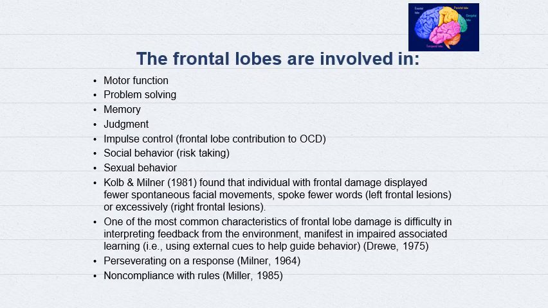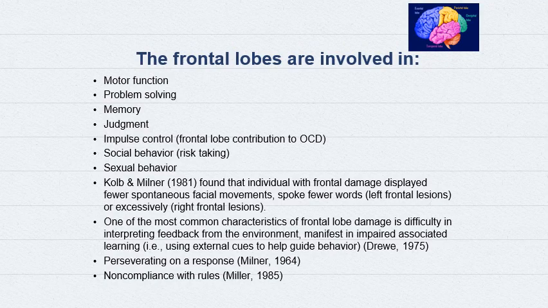One of the most common characteristics of frontal lobe damage is difficulty in interpreting feedback from the environment, which manifests in impaired associative learning. The specific damage affects their feedback to the environment. So, even with a stimulus, their response is not the common response of a normal individual. They perseverate on their response and have no compliance with the rules.